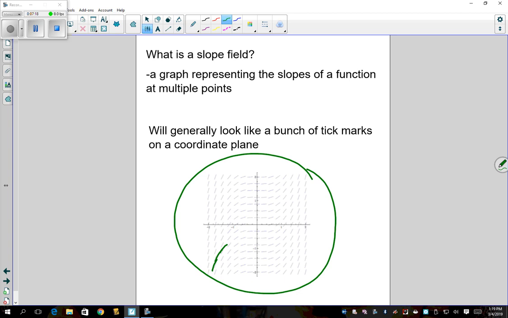Start off steep, and then I even out, and then I come back up. It almost looks like a cubic function here. And so this would be an example of a particular solution. So we just follow all of the tick marks along one path, and that's a particular solution for our differential equation.